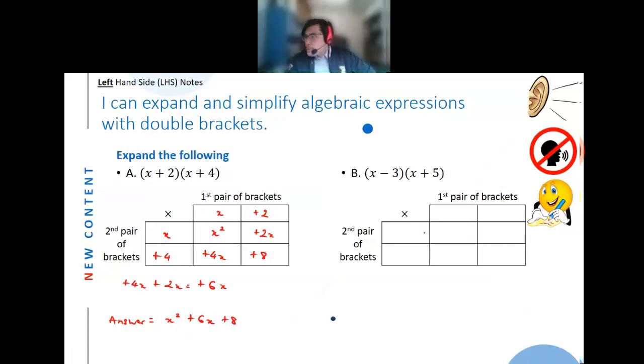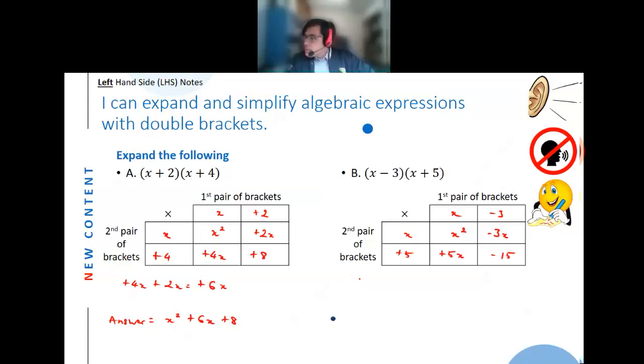Right, our second example here, in the first pair of brackets, we've got x minus 3 and then x plus 5. So x times x is going to be x squared. X times negative 3 is negative 3x. Plus 5 times x is plus 5x. And then plus 5 times minus 3, positive and a negative is a negative, and 5 times 3 is 15.